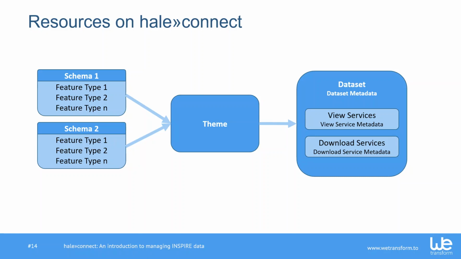So the theme tells Hale Connect how you would like to publish your data. It can tell it what type of metadata you would like to publish, what types of spatial reference systems you'd like in your view and download services, and that type of information. Hale Connect takes those settings from the theme, and then it uses them to publish your view services and your download services, as well as your data set itself.